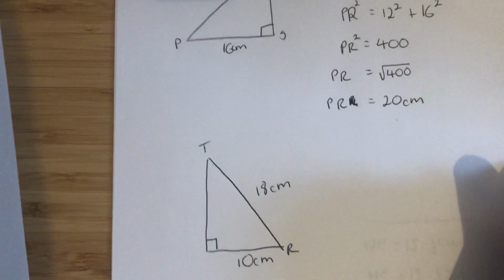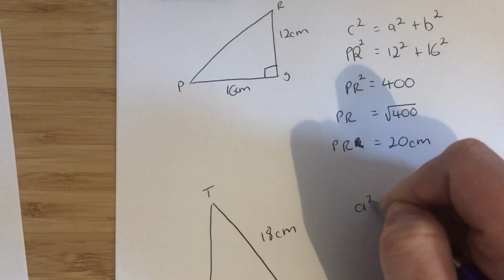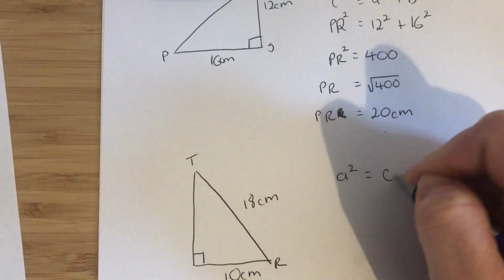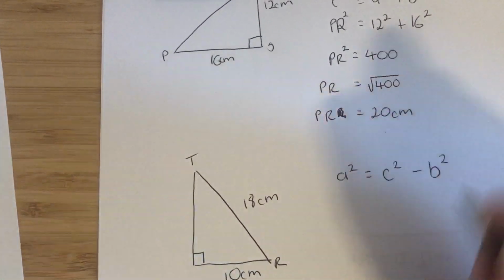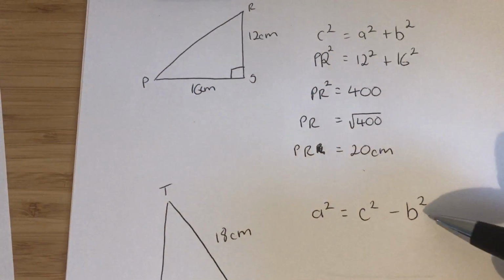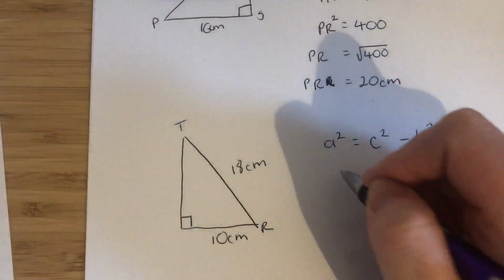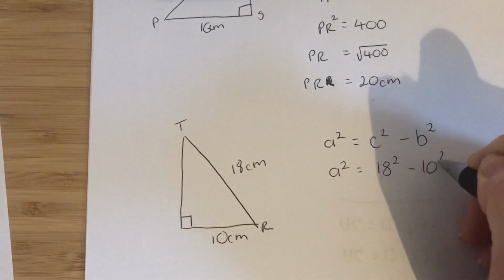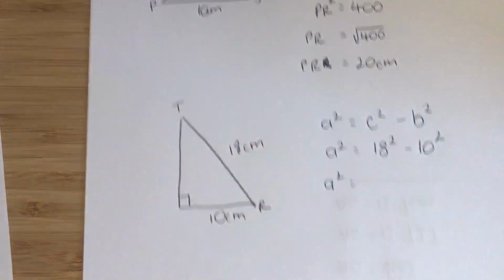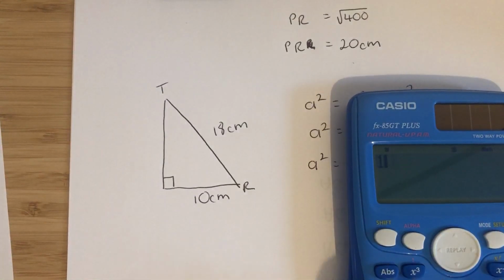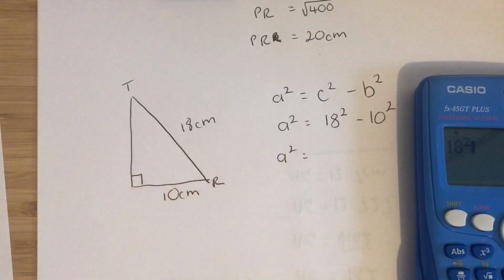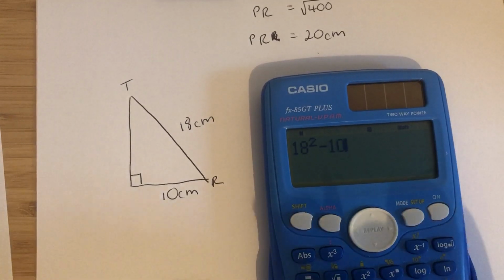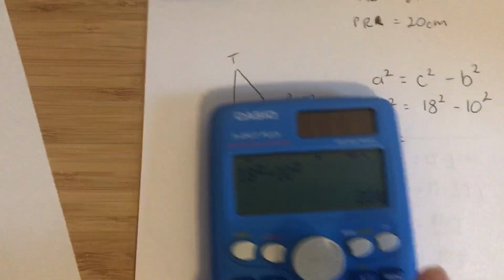So you rearrange the Pythagoras theorem so that you've got a short side: a squared equals the hypotenuse squared minus the other short side squared. So a squared equals 18 squared minus 10 squared, which is 224.